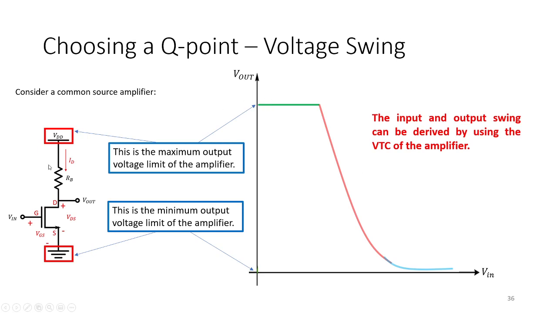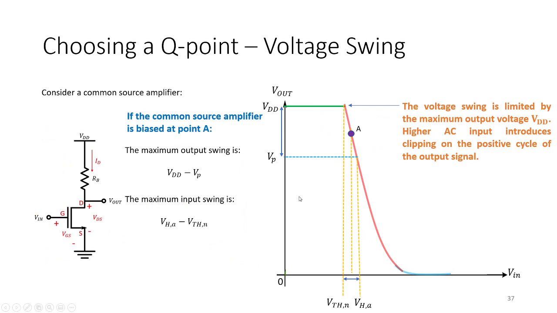As you can see, if the transistor is off, the output is forced to go to VDD, which is the maximum output voltage limit. So this is L plus. The minimum output voltage limit is ground, which is shown here. It is expected that the curve will be asymptotic to ground, so most likely the minimum output voltage limit is 0.